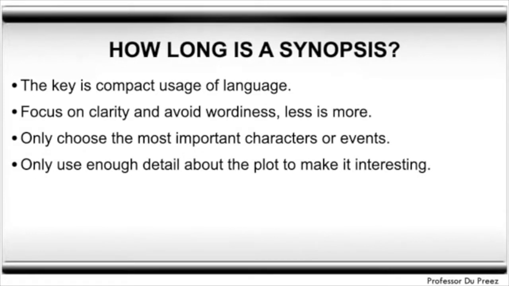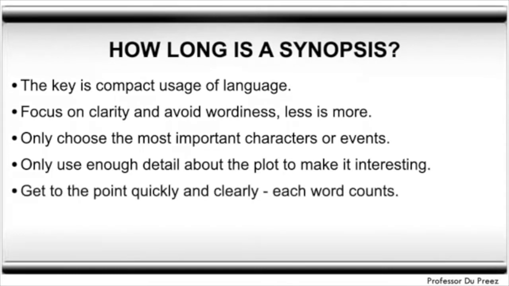Don't use too much detail about plot twists and turns. You don't want to tell the entire story. What you want to do is write an animation summary with enough detail about the plot to intrigue the reader. Avoid unnecessary detail, description, or explanation.